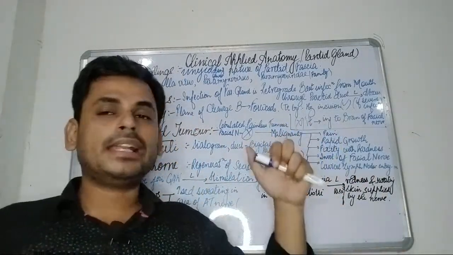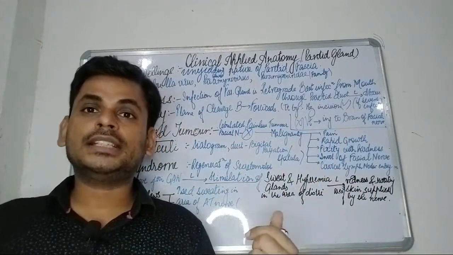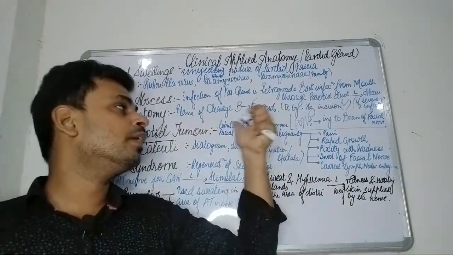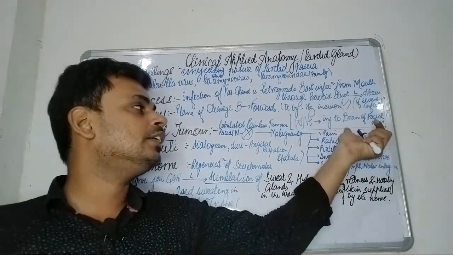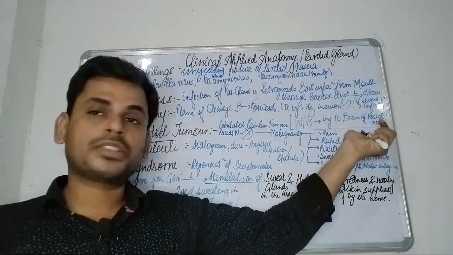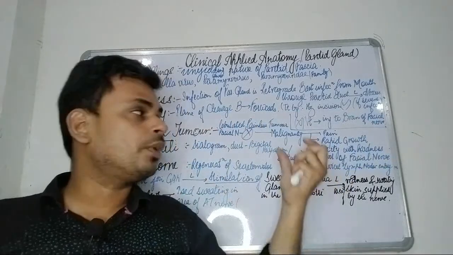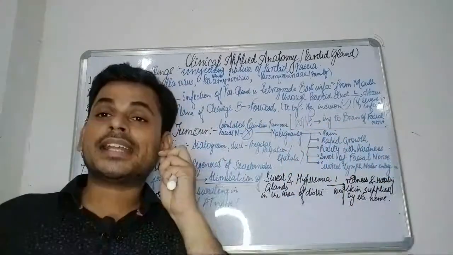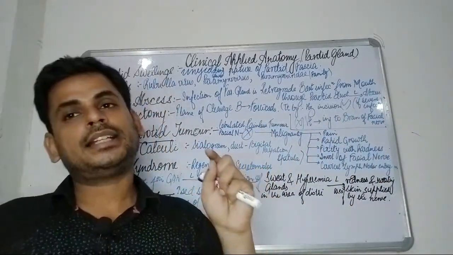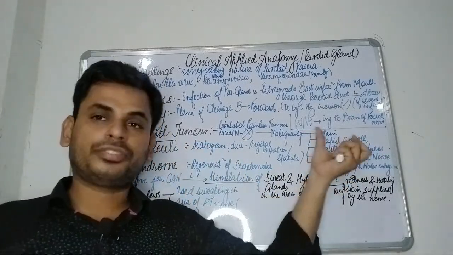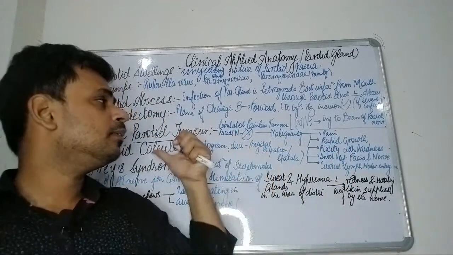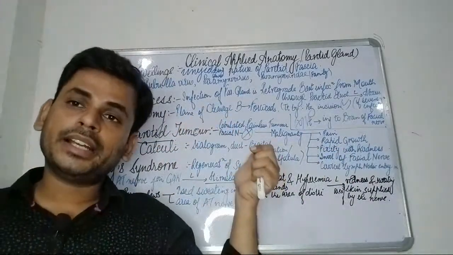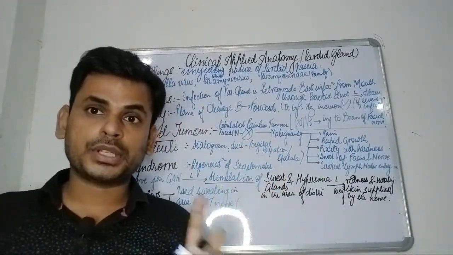Initially the tumor was painless, but if it turns malignant, there is pain, the tumor rapidly enlarges, and there is fixity with hardness and induration in the gland. And since the mixed parotid tumor, if benign, has no facial nerve involvement.